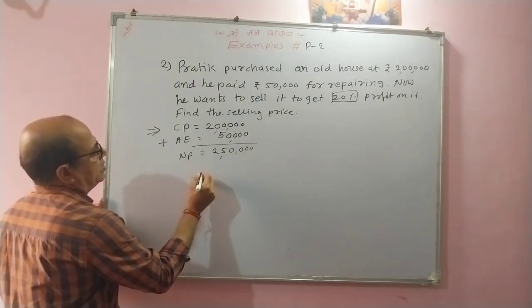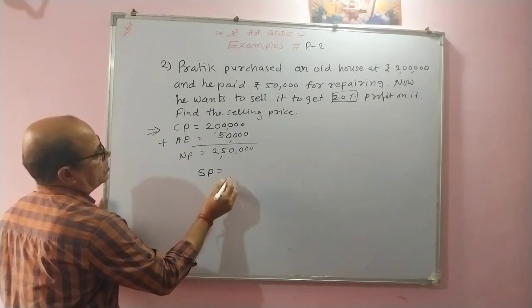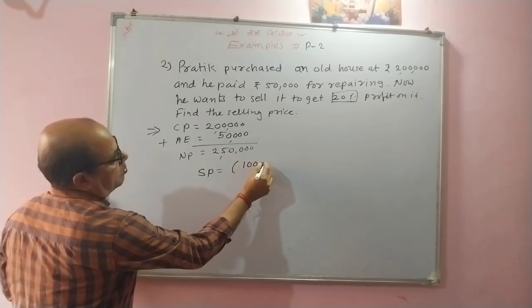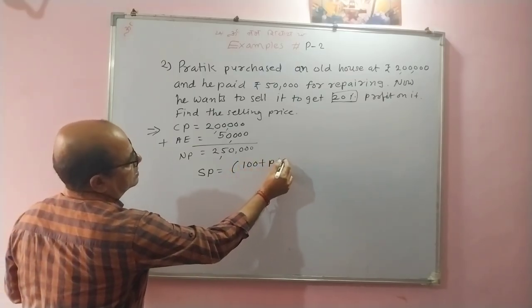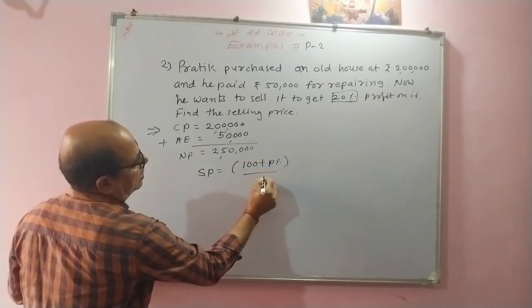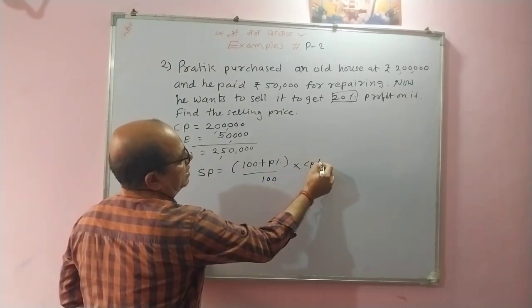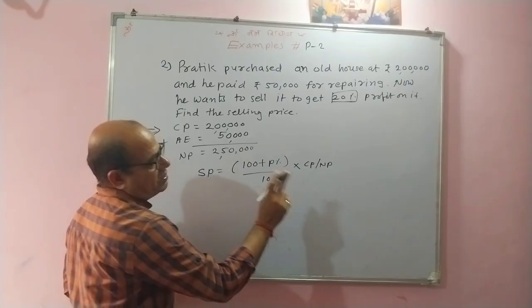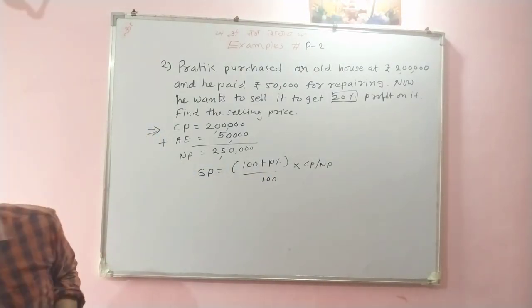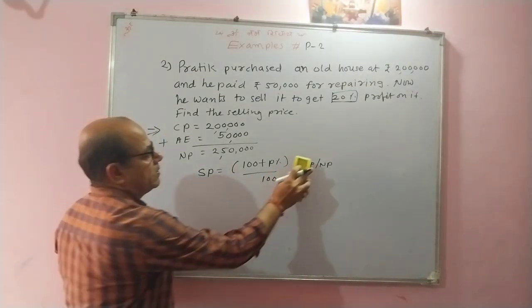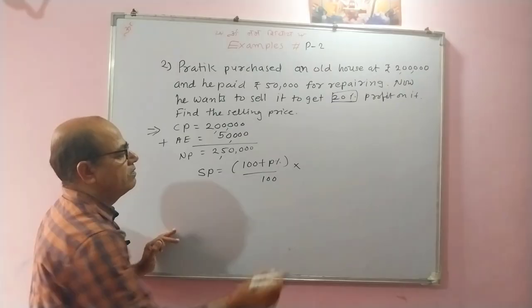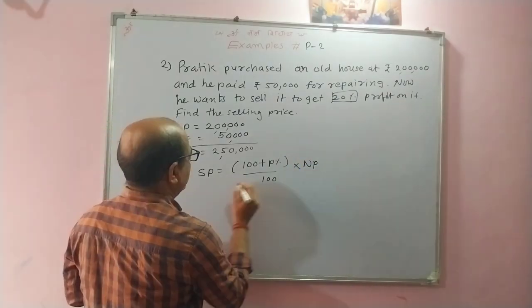SP is equal to 100 plus profit percentage upon 100 into CP or NP. But here it is NP, so I will write NP.